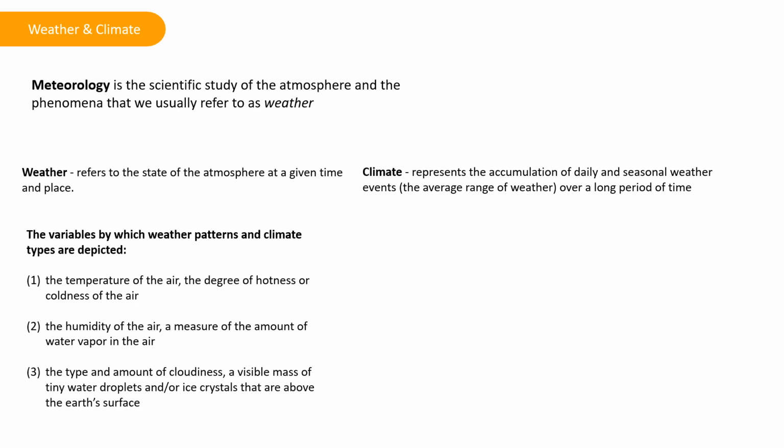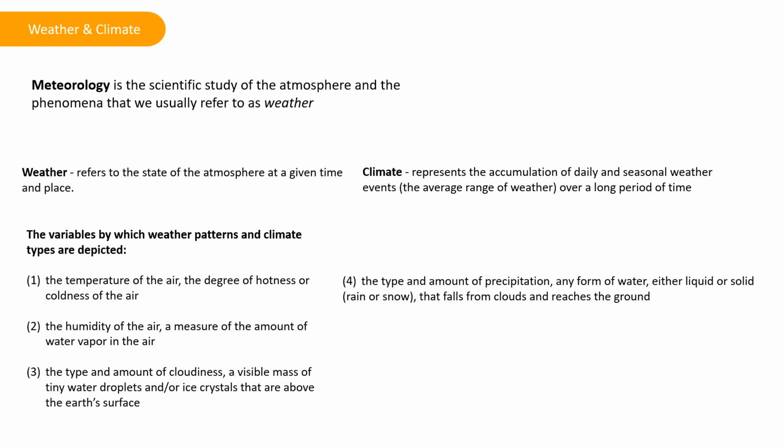The type and the amount of cloudiness is another variable to check. This means a visible mass of tiny water droplets and or ice crystals that are above the Earth's surface. And the next is the type and amount of precipitation.